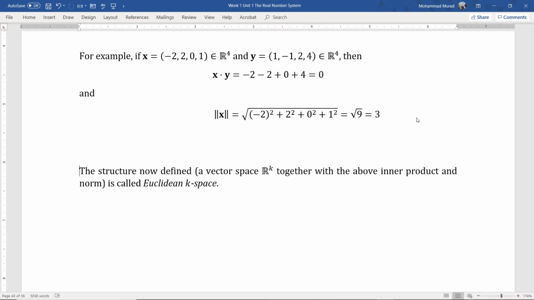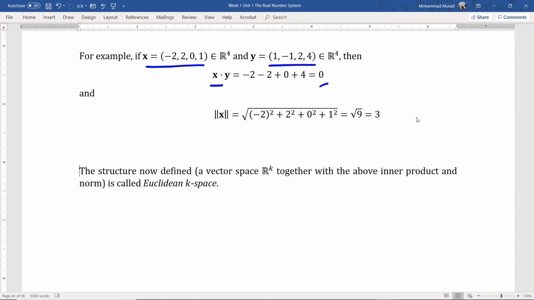For example, if x is a vector whose coordinates are as shown, and y is a vector whose coordinates are as shown, then the dot product of the vectors is obtained by adding the products of the corresponding components, which is simply 0.